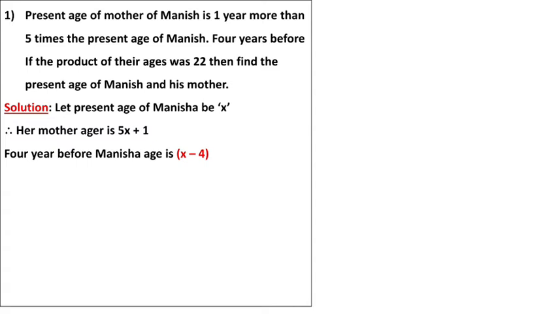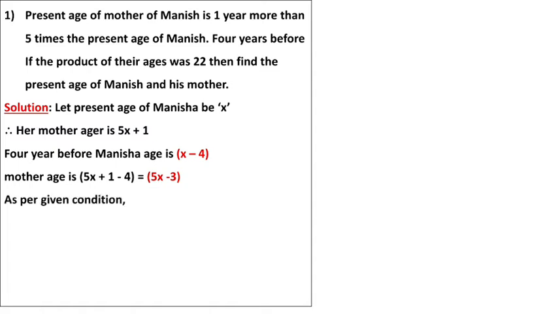Now students, 4 years before, Manish's age will be X minus 4, and his mother's age will be 5X plus 1, here we will do minus 4. So 5x minus 3 came. 4 minus 1 is 3. So 4 is bigger, so minus 3 will come. Now we have Manish's age 4 years before and mother's age also 4 years before is 5x minus 3.